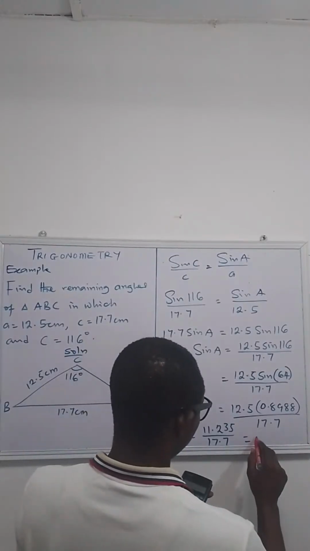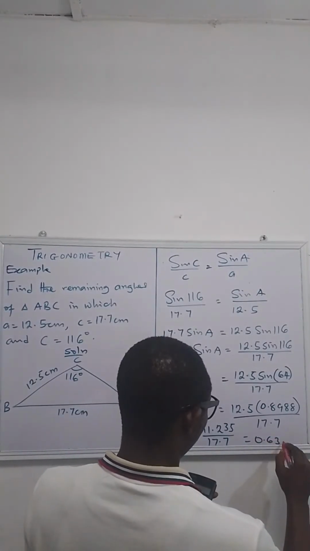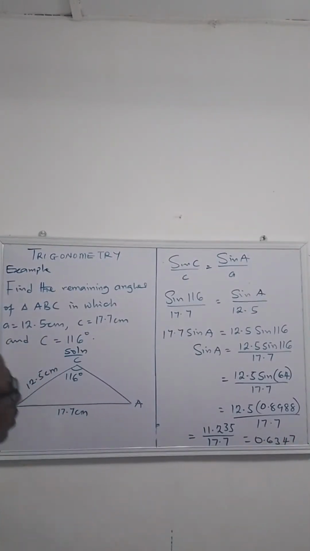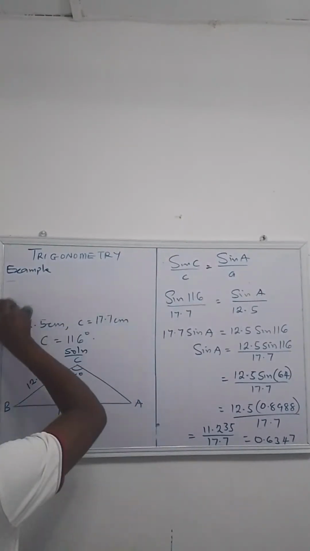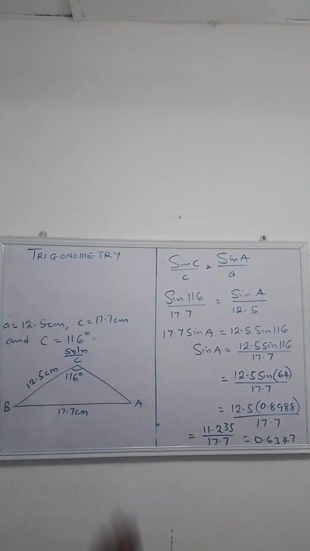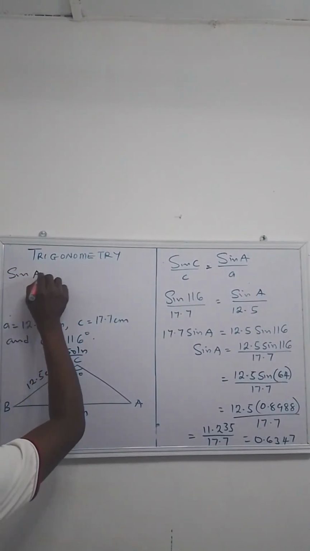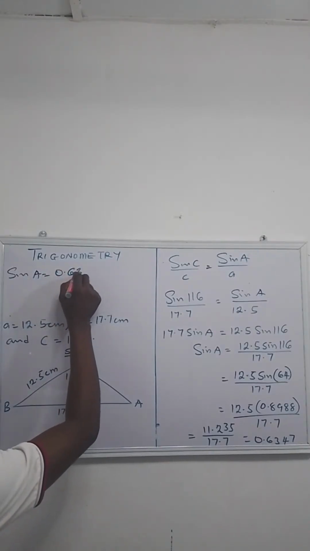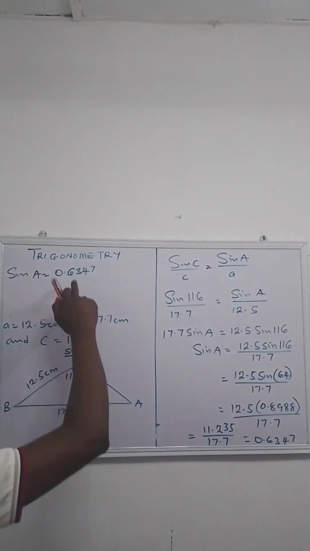You have 0.6347. So now that is what we have: sine A equals 0.6347. Now the next thing is to find the arc sine of this.